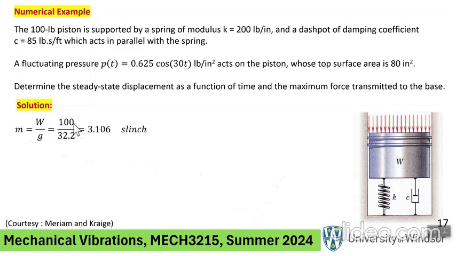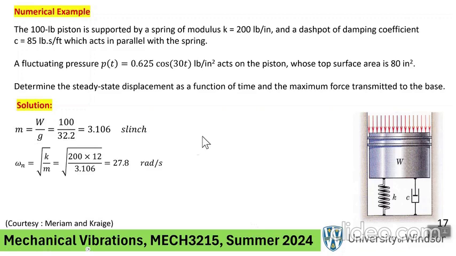And this actually is not correct. It should be slugs. Okay, so this is a mistake. This is going to be pounds divided by 32.2 feet per second squared. This is slugs. All right, let's move on.